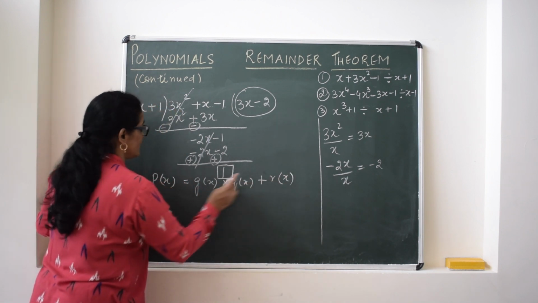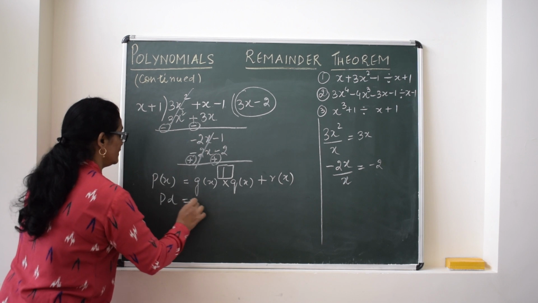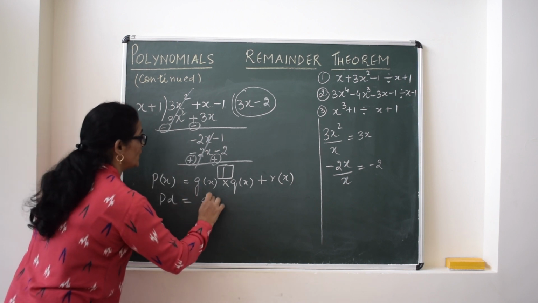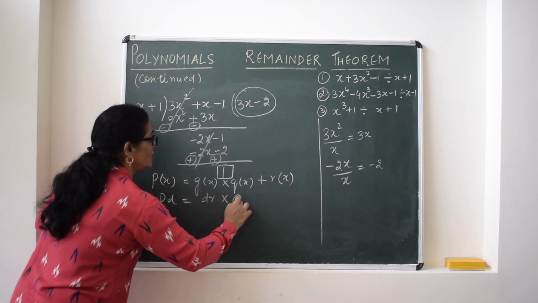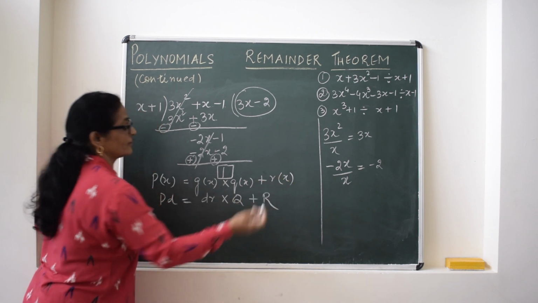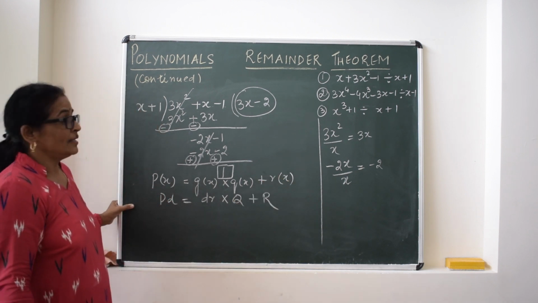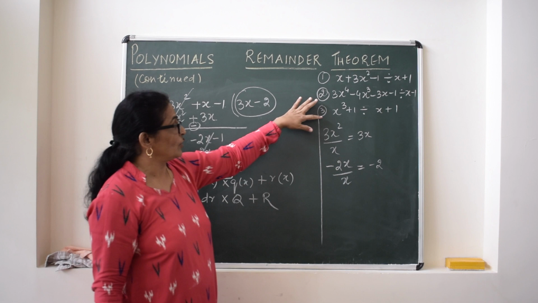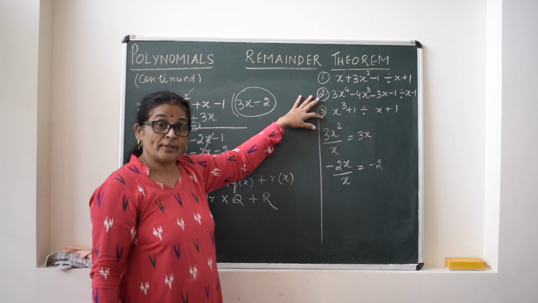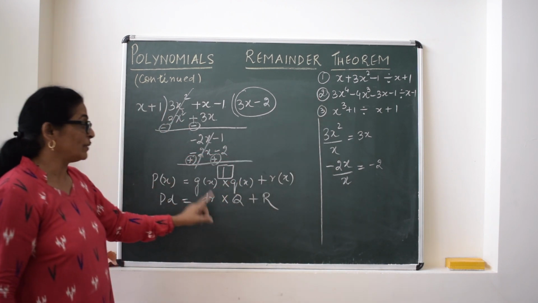So this is basically dividend is equal to divisor into quotient plus remainder. Similarly, we will do the other two examples also, and we will see what the remainder is.